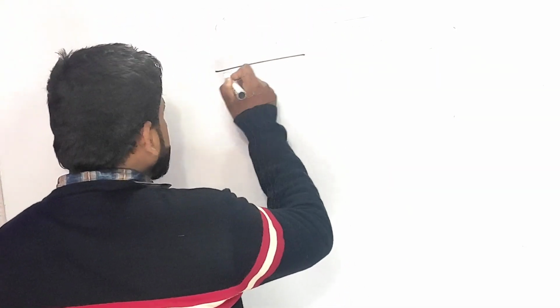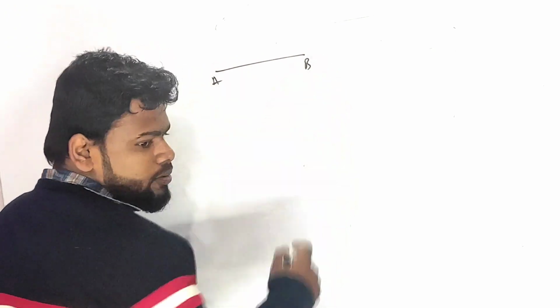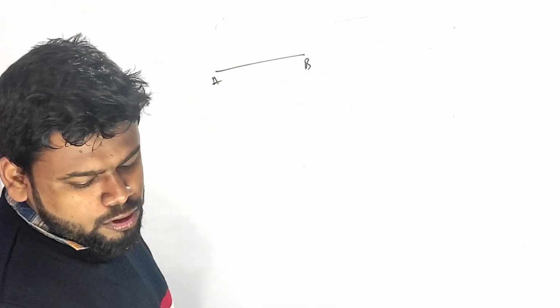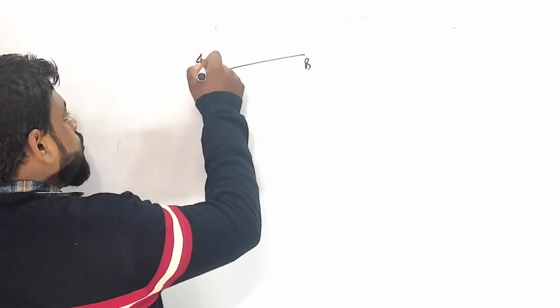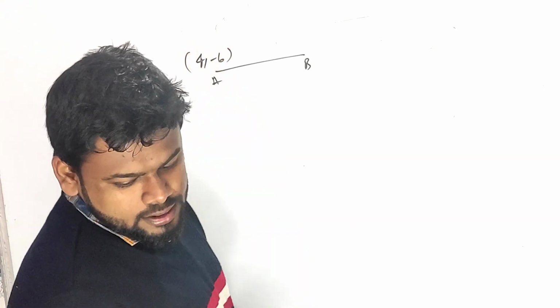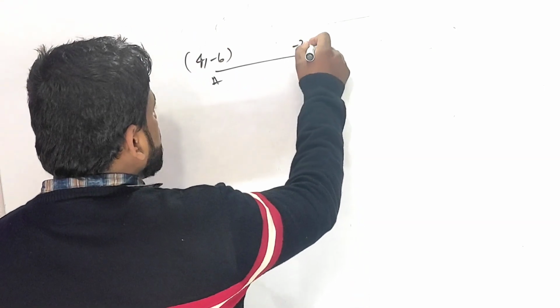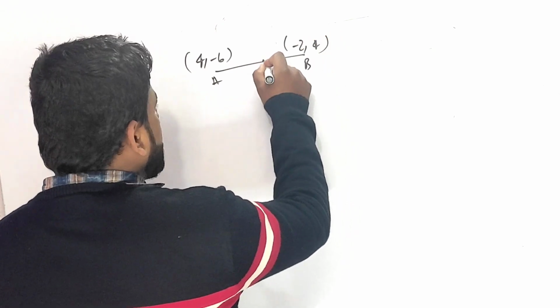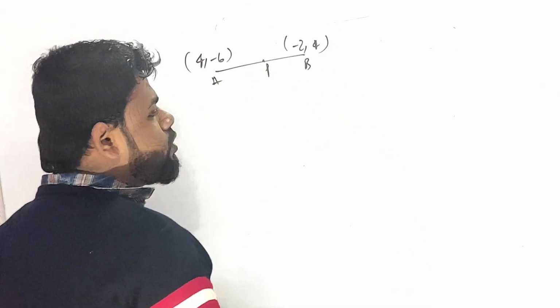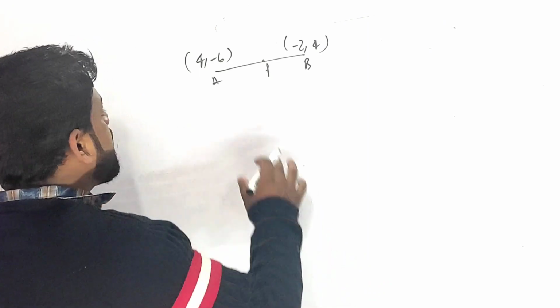See, a point is given P. Suppose A and B are given. The coordinates are 4, -6 and another is -2, 4. कुछ यहाँ का P निकाल पाओगे? हाँ, P is divided into 1:1. कुछ दिया नहीं है, P is divided into 1:1.